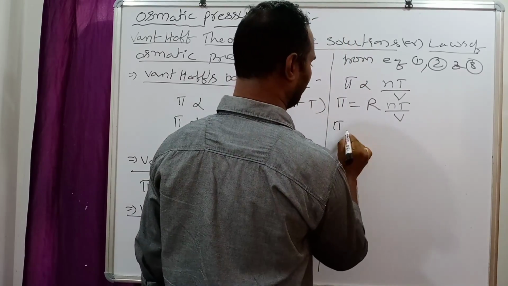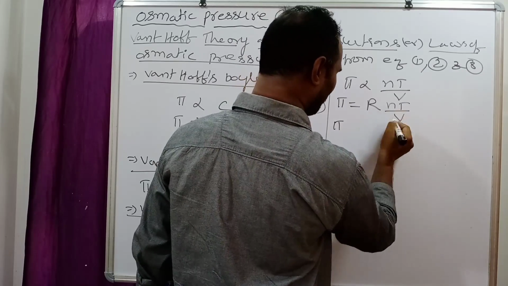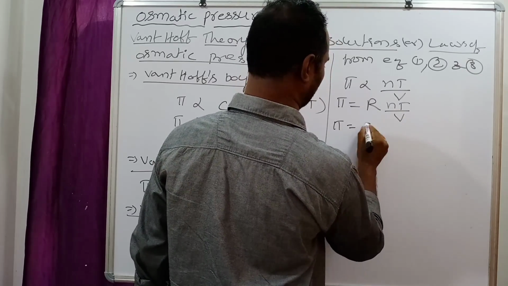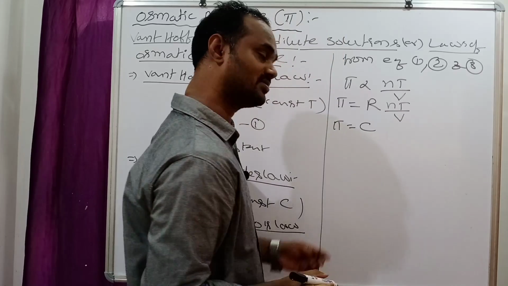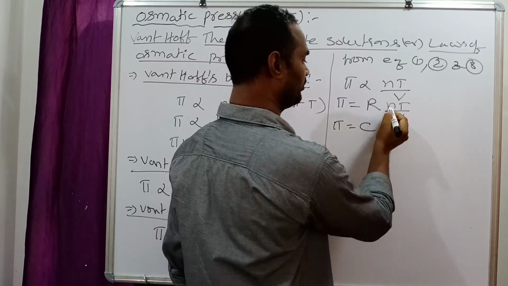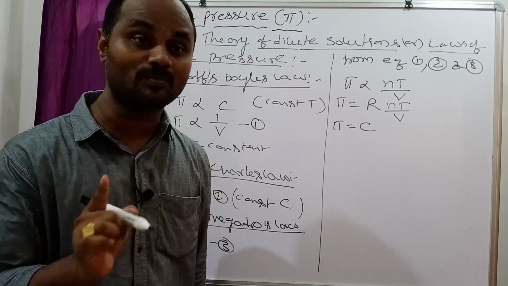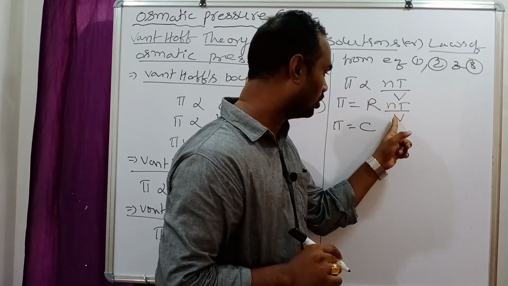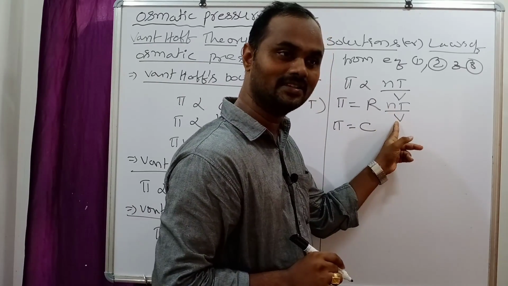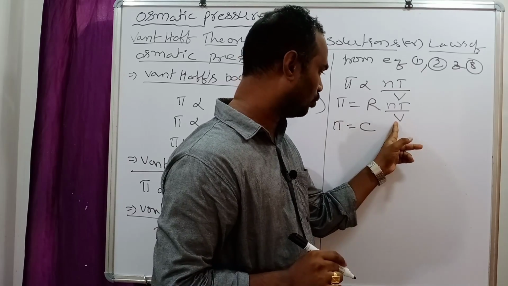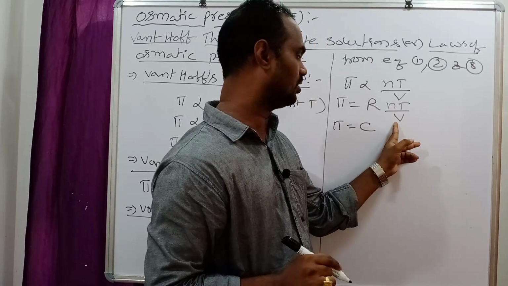In the place of n by V, we can write concentration, the number of moles of solute present in unit volume, that is molarity, not molality. The number of moles of solute present in 1 liter of solution is called molarity.